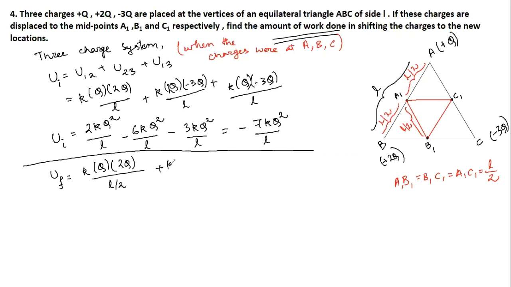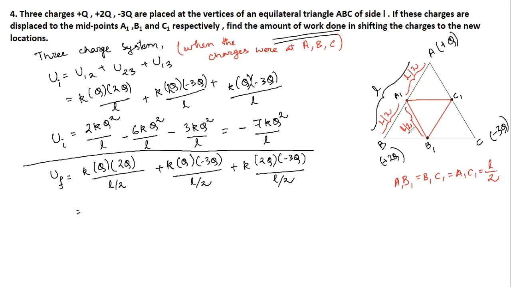Then again K Q times minus 3Q divided by L by 2. Then again K 2Q times minus 3Q divided by L by 2. This will be our final potential energy when the charges are placed at points A1, B1 and C1.